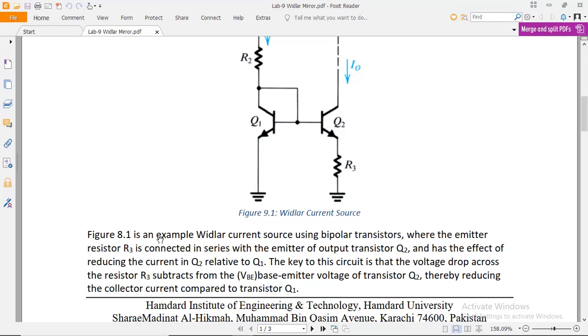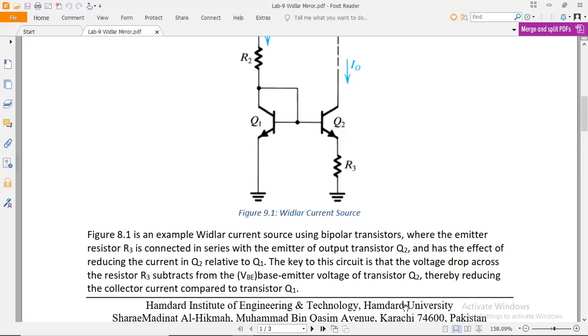The circuit in figure 8.1 is an example of a Widlar current source using a bipolar transistor, where the emitter resistor R3 is connected in series with the emitter of Q2. I think you all know this is the base, collector, and emitter. In this transistor Q2, another resistance R3 is connected in series with the emitter of the output transistor Q2.